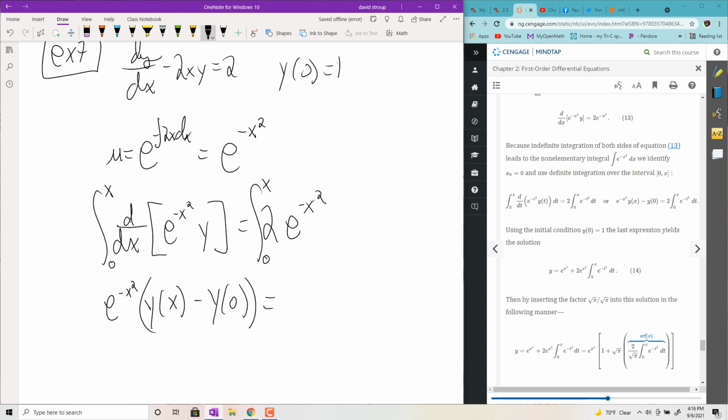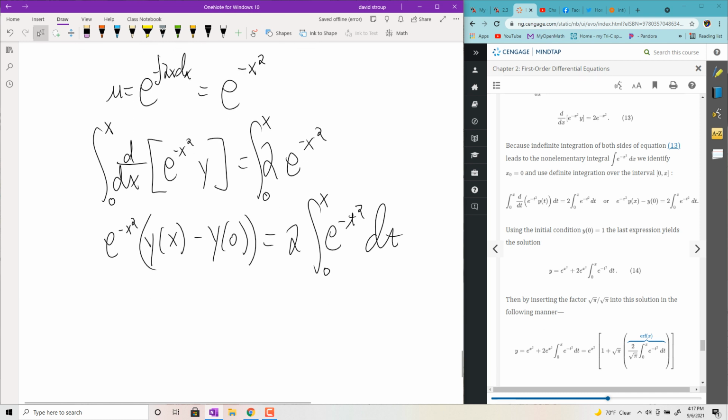And then on the right-hand side, we'll have just that integral. There's nothing we do. We'll just put it in dummy terms, replace that x with a t. So e to the negative t squared dt from 0 to x. And that thing's going to be our ERF. We'll see that ERF function pan out in there.